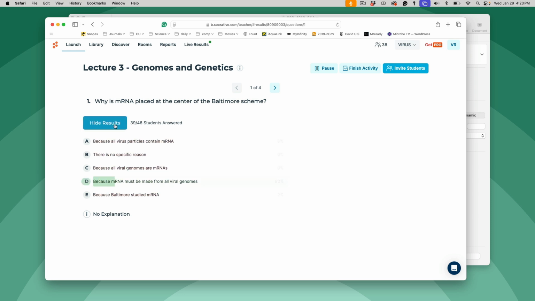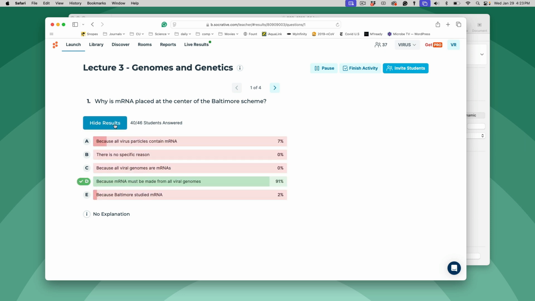Okay, because mRNA must be made from all viral genomes. That's why he put it at the center. All virus particles do not contain mRNA. There's no specific reason. Nobody got that. That's great. All viral genomes are mRNAs. Nobody got that. That's great. Because Baltimore studied mRNA. Even if he did, it wouldn't be the reason why he put it at the center. It would have to be a logical reason, right? Good.